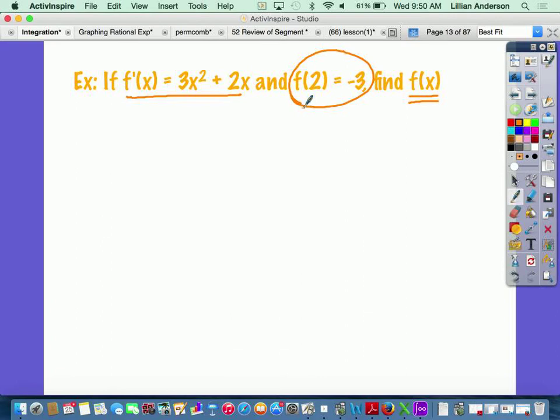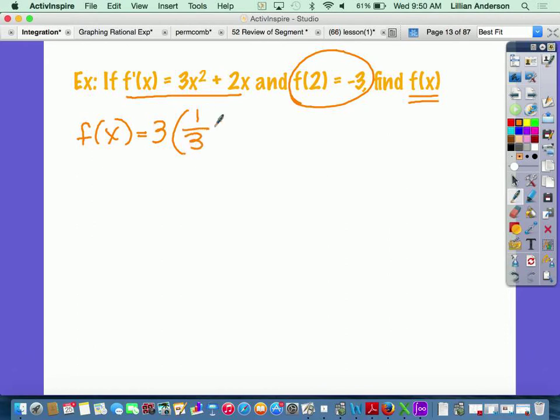Okay? So the first thing we need to do to figure out our equation is what? Find the antiderivative, okay? So we need to find the antiderivative of this function that I've underlined here. We got to do it in pieces because we have a sum here. So this first part, we pull out the 3.